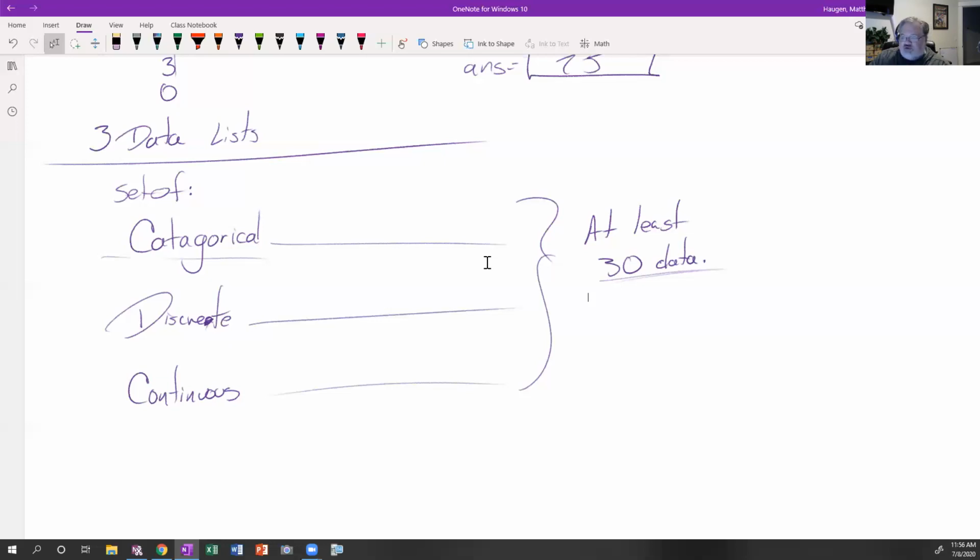Kind of the rule of thumb: to be continuous, given any two values for your data, is there always the possibility of being something in between? If there is always the possibility of there being something in between, it's continuous. If there are breaks in between, if you get down to some smallest unit where there's a break in between, it's discrete.